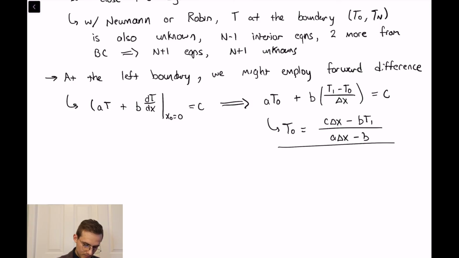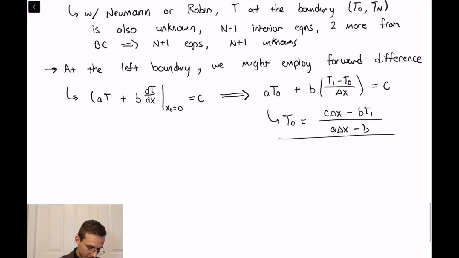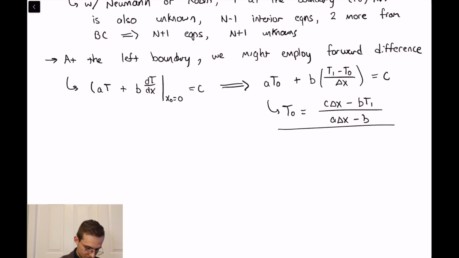Okay, and then really quickly, just as an aside, for the dT/dx equals 0 BC that we discussed, where that's evaluated at x naught equals 0, this becomes even simpler, right? Because if you put in forward Euler, you just get (T1 minus T naught) over delta x.